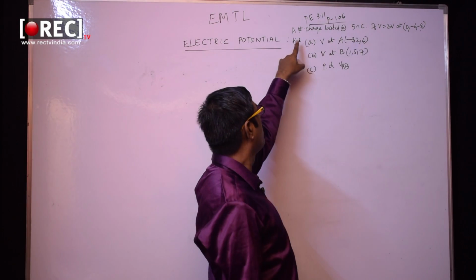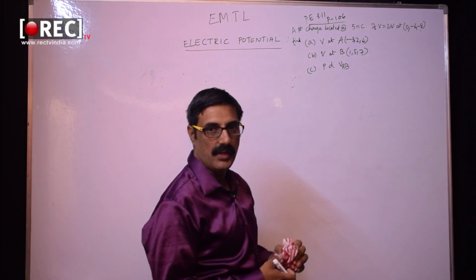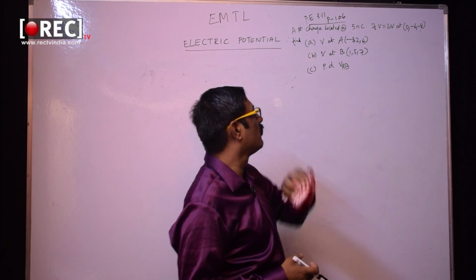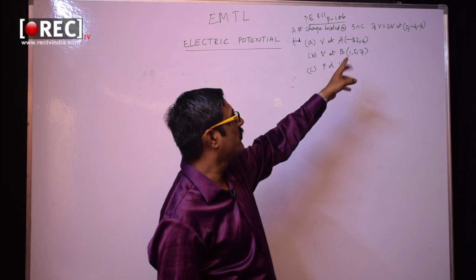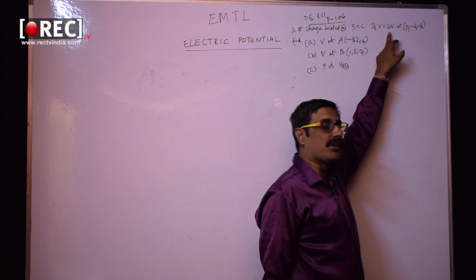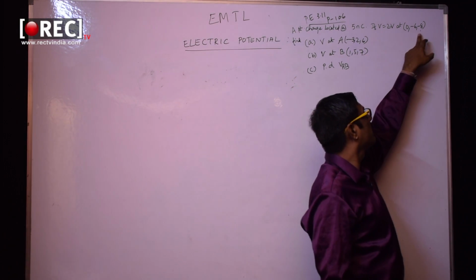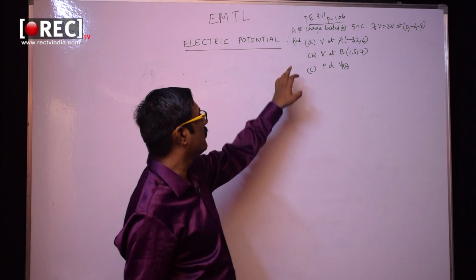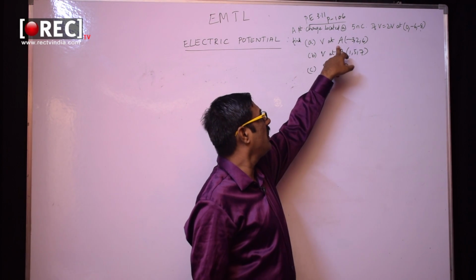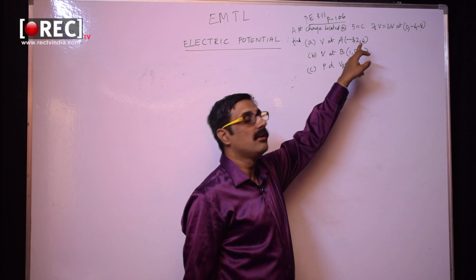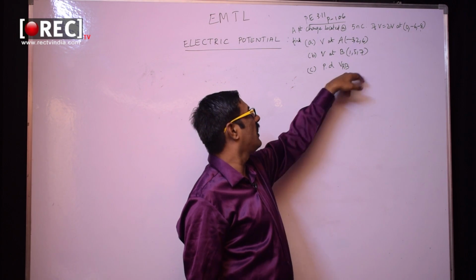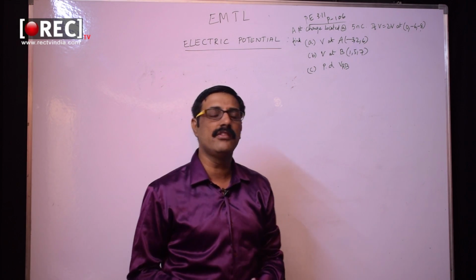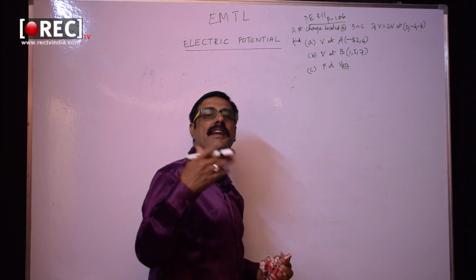He says a point charge is located at origin and its value is 5 nanocoulombs. If V is 2 volts at the point 0, minus 6, minus 8, then he is asking you to determine the potential at A (minus 3, 2, 6) and B (1, 5, 7), and the potential difference between the points A and B.